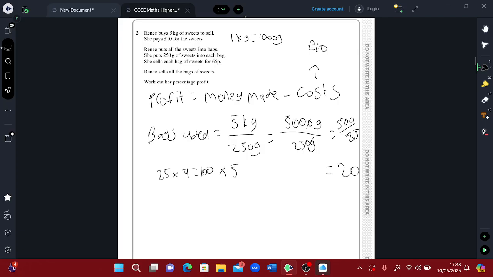So 25 times 4 times 5 is 500, which gives the 20. But as I said, this paper really does assess your arithmetic. So that's the sort of calculation you are expected to make, unfortunately, if not your strong suit. Anyway, that's 20. So there are 20 bags used. So that'll be our first point.